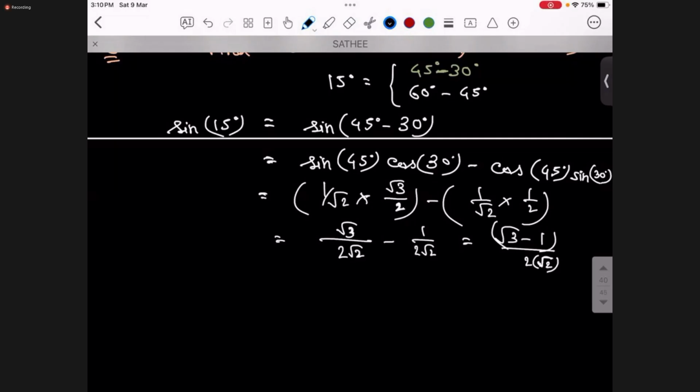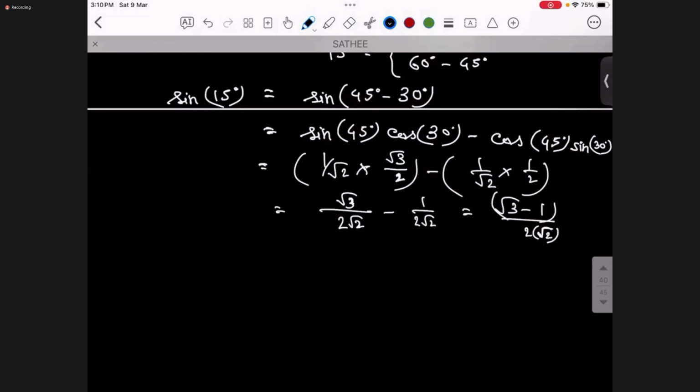like one can ask, okay, let's do another one. Find the value of cos 135 degree. Okay. So how can one get 135 degree? It can be 180 minus 45 or 90 plus 45, right?